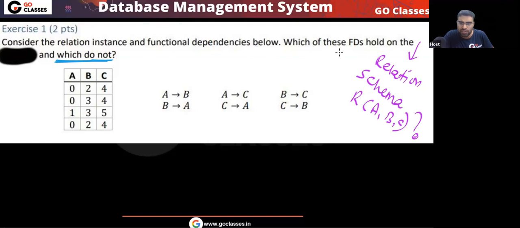I'm talking about the schema now. So now you tell me.